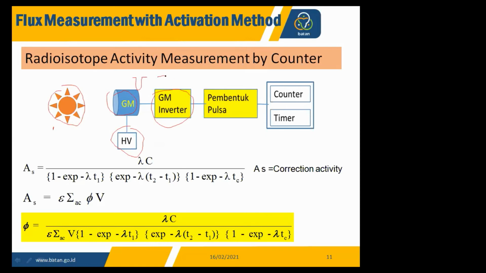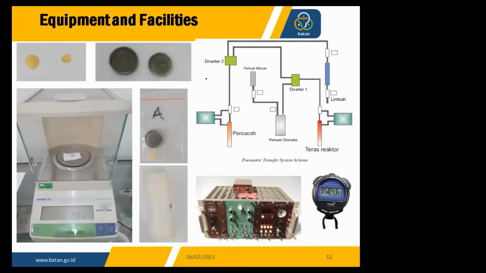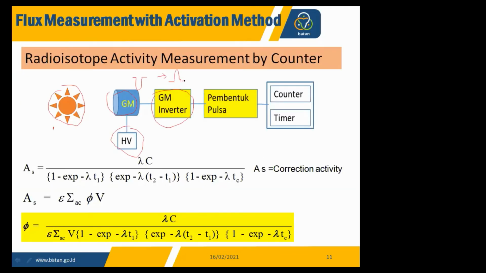So we have to change the polarity from negative to positive, and pulse shaping changes the analog pulse to a digital pulse, like this one, and a counter and timer set how long we want to count and show the result of the counting.